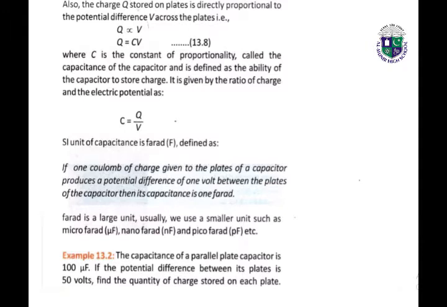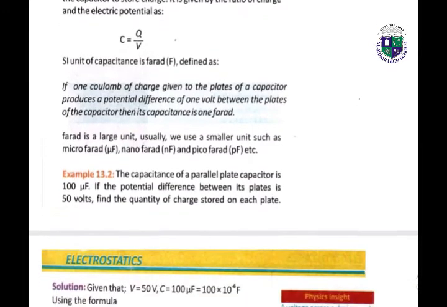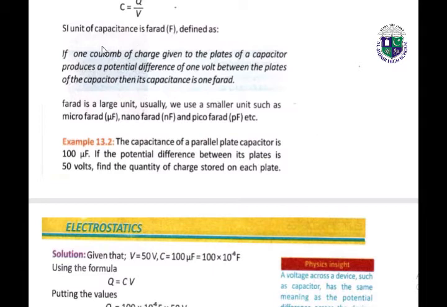So students, here in this blue box we have the definition of farad. If 1 coulomb of charge given to the plates of a capacitor produces a potential difference of 1 volt between the plates of the capacitor, then its capacitance is 1 farad. So it is the definition of 1 farad.